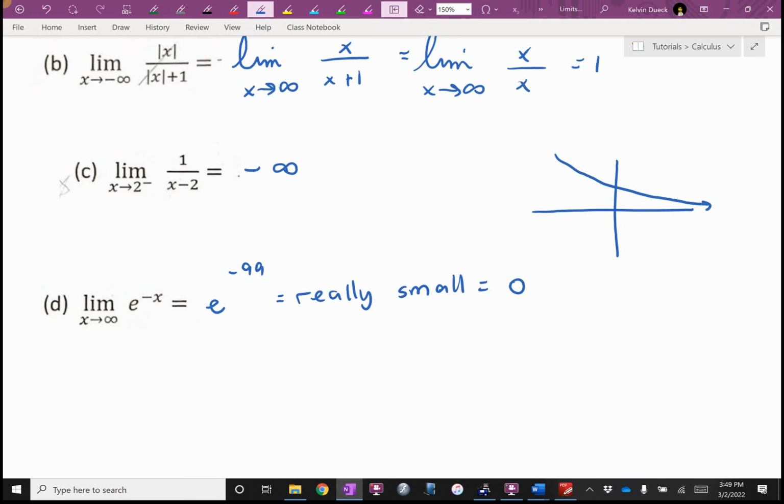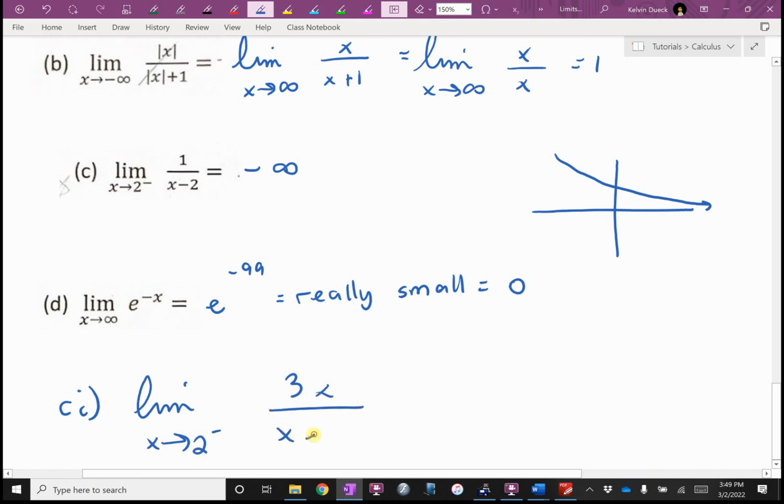Oh, good question. If it was this, limit as x approaches 2 from the left of 3x all over x minus 2. Are we doing a limit to infinity? Then, you know what? We're going to plug in 1.99 and just see what happens.